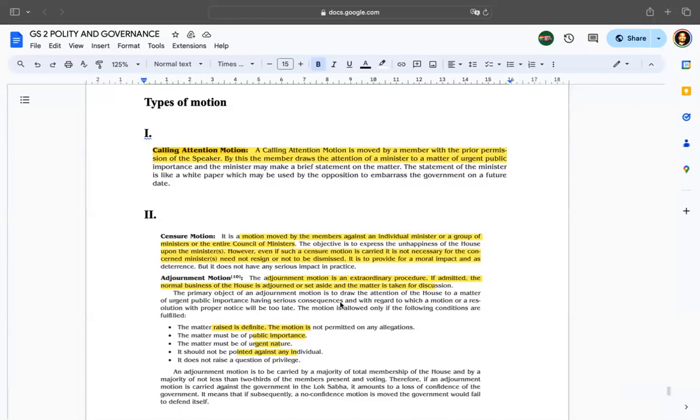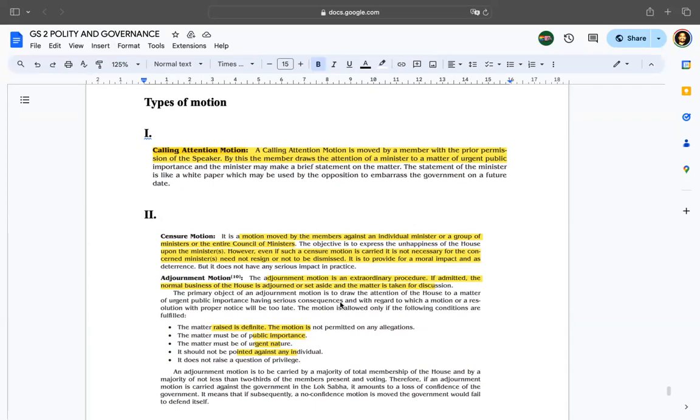Now when you start discussing such kind of things, you require motions to be passed for that discussion. Because you cannot say that I want to discuss this today and this relates to public importance. As we have seen in the case of judiciary, PIL is public interest litigation, but every public interest cannot be categorized under the PIL.